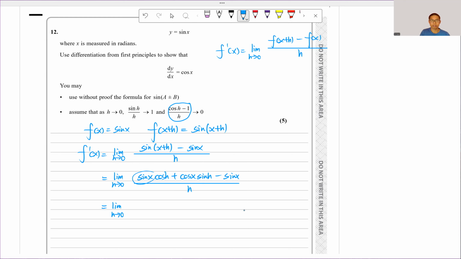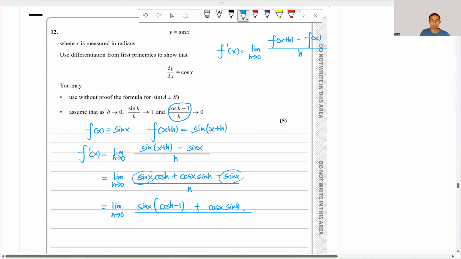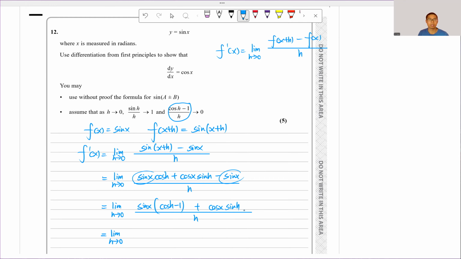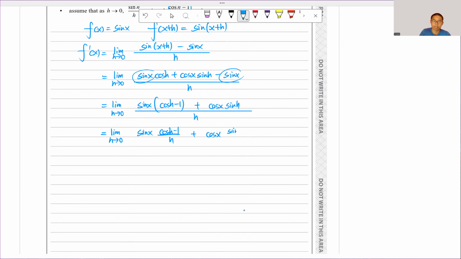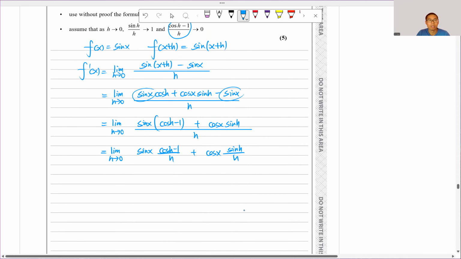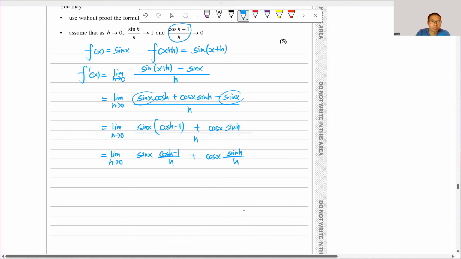We have a common factor sine x for those two terms. So if we factorize out sine x, we have (cos h minus 1), and then plus cos x sine h, all over h. If we split this into two different terms, that gives us sine x times (cos h minus 1) over h, plus cos x times sine h over h. And then they tell us that without proof, we can use that sine h over h is equal to 1.